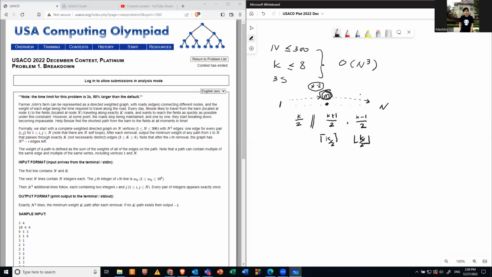So the question becomes, by the way, k is at most 8, right? So k divided by 2 is less than or equal to 4.